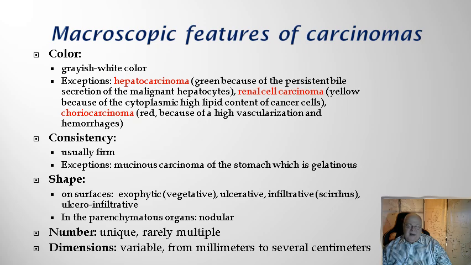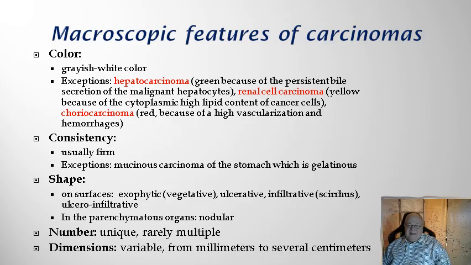Extremely, extremely rare, at least in my experience until now, the first such case in a child, because in adults it is more frequent. They are growing on surfaces as vegetative, ulcerative, or infiltrative, or a combination of these, or when they are growing in the deep of a compact organ, they are nodular.